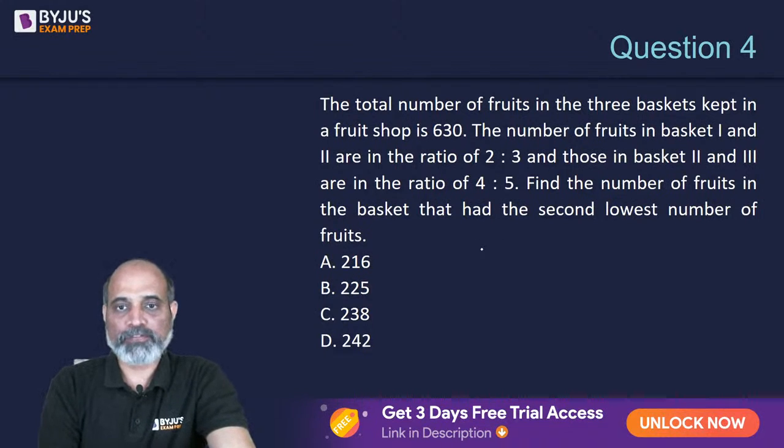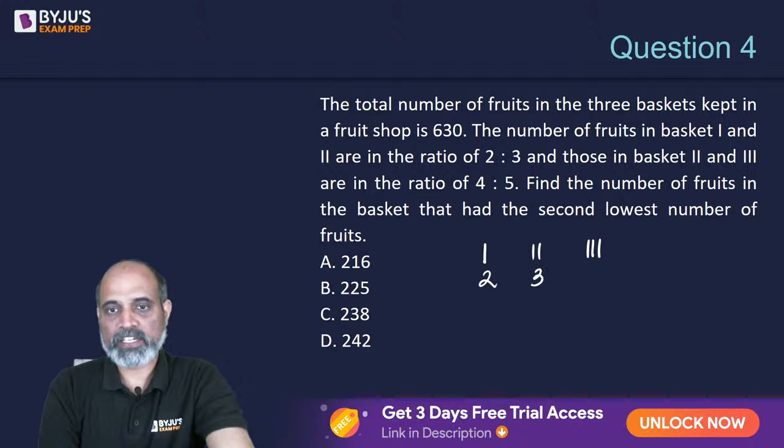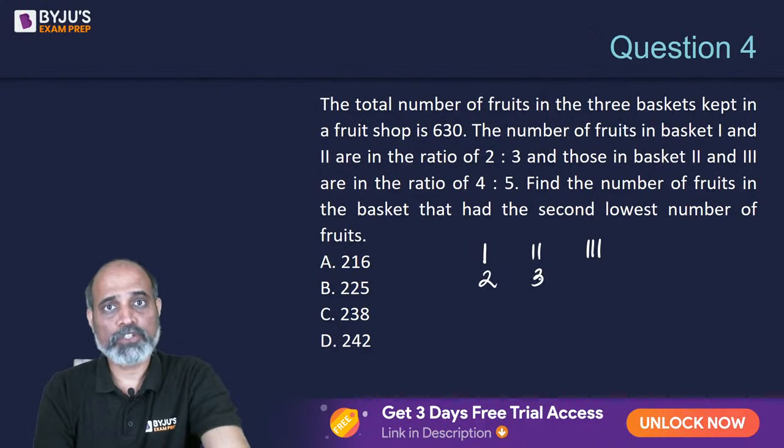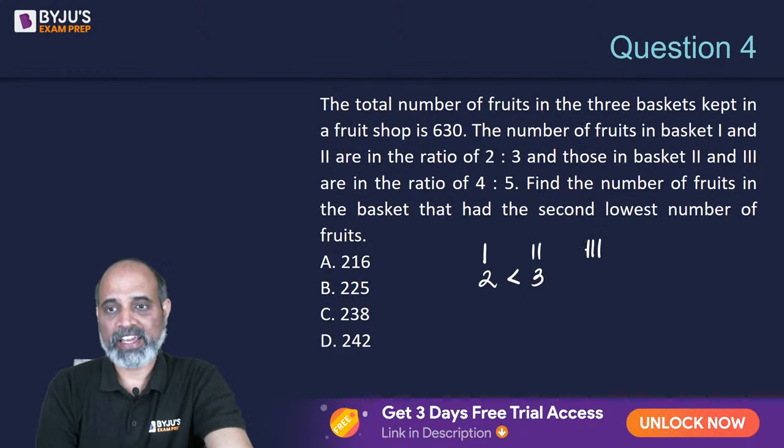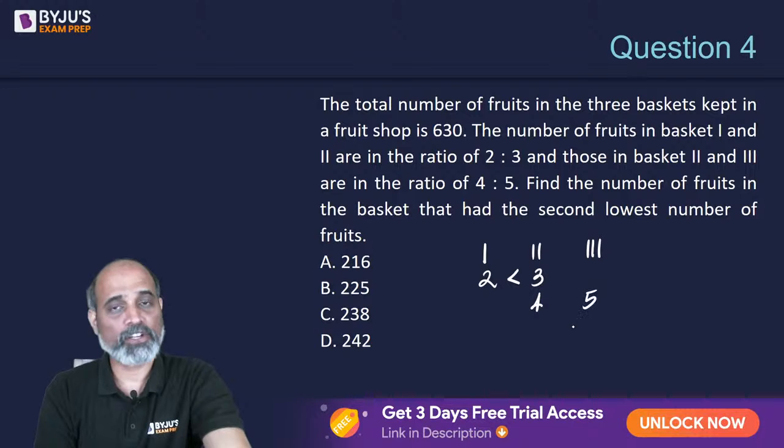So if you look at basket 1, basket 2 and basket 3, if we compare basket 1 and 2, we can see basket 2 has more number of fruits than basket 1, right? And if you look at the next ratio between basket 2 and basket 3, they are in the ratio 4:5.